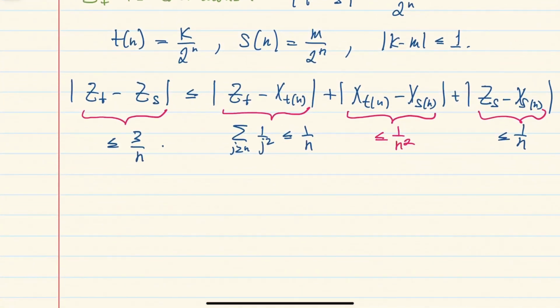So this shows the continuity of this process z_t on the event of measure 1, and on the set of measure 0, we just define z to be, let's say, 0 on that exceptional set of measure 0.